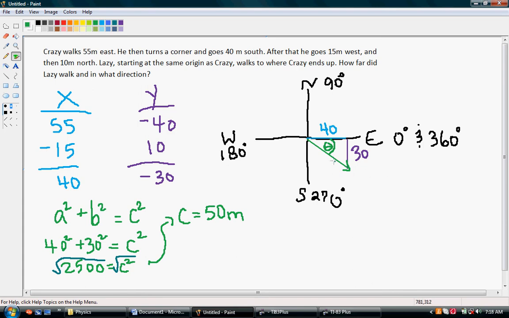So the way that we find our theta is we use some trigonometry. So we have choices.